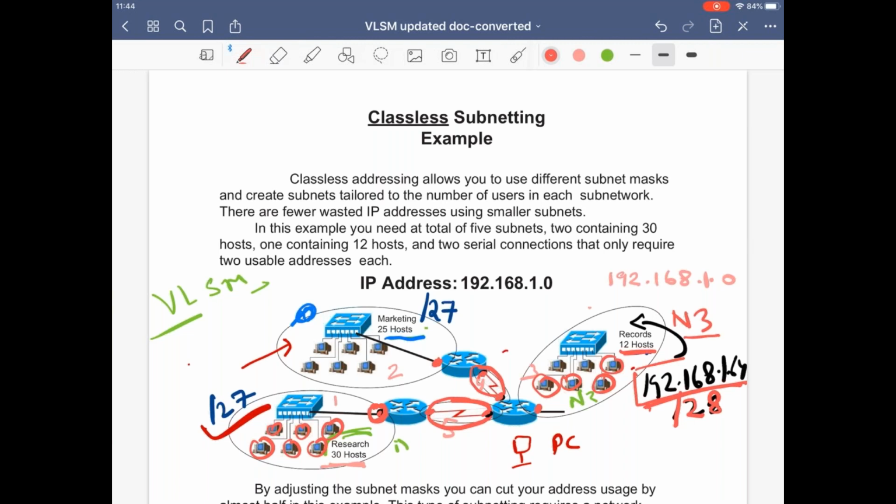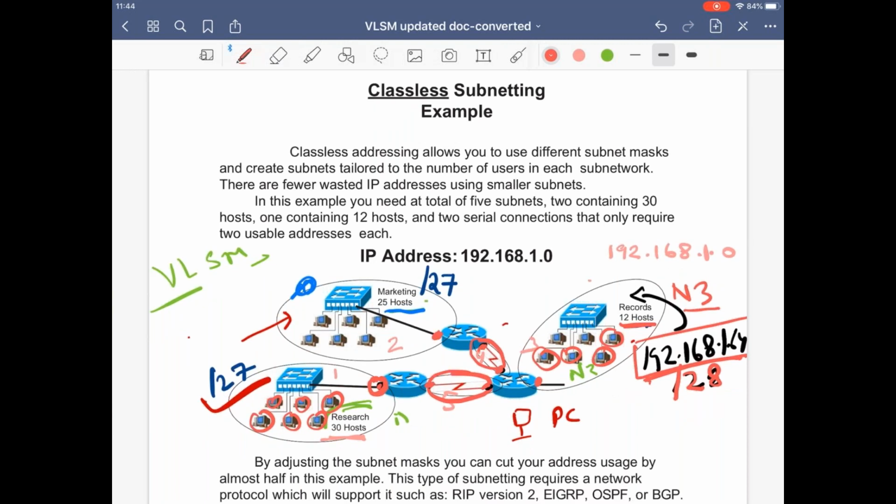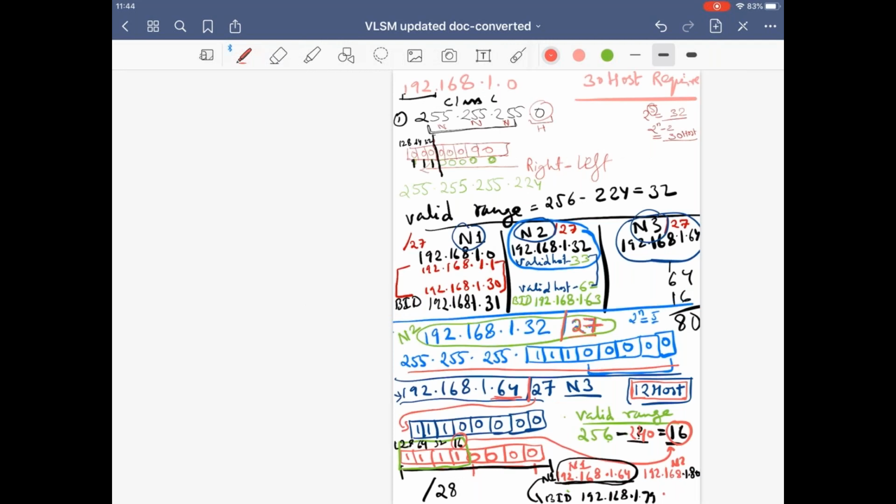So network 1 is 1.0, network 2 we use 1.32, and for network 3 we use 1.64 as the IP address. Here in the solution also we have given this.